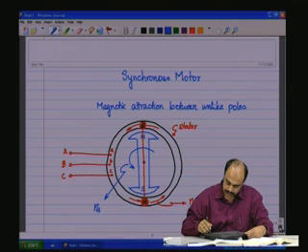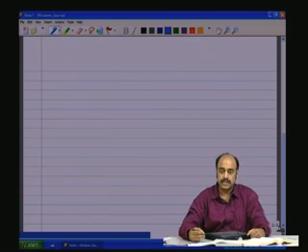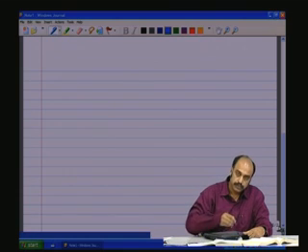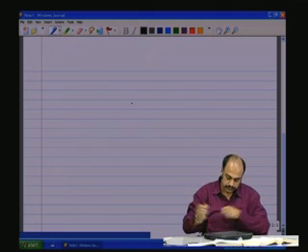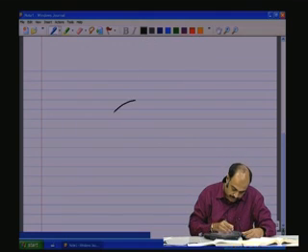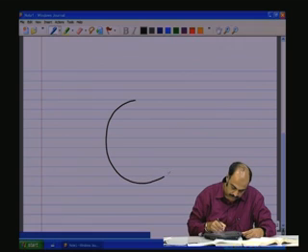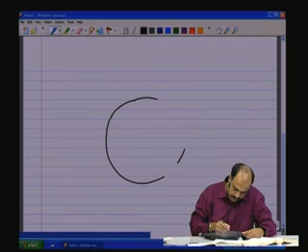So now the question is, we know how to generate the rotating magnetic field. That is, in the stator, we have the stator like this.